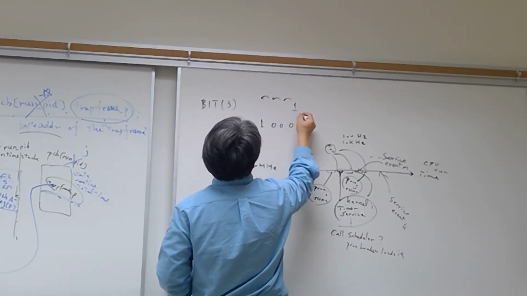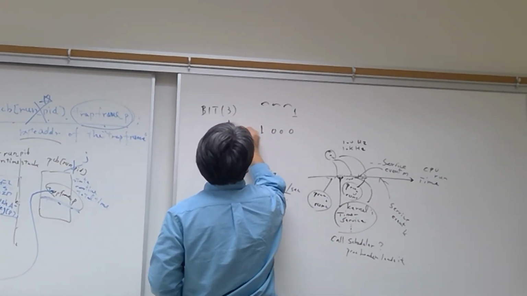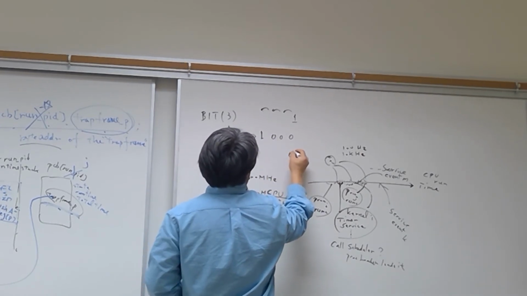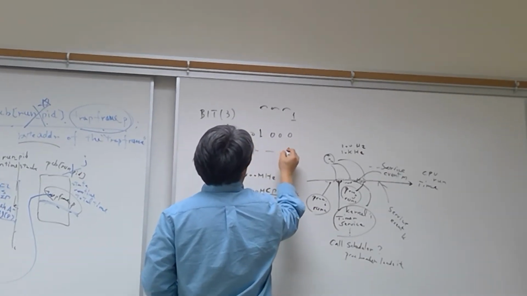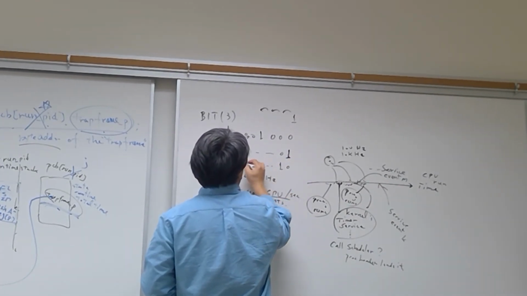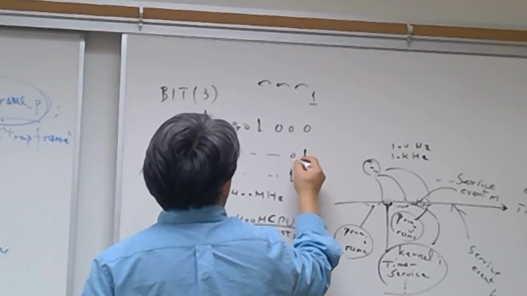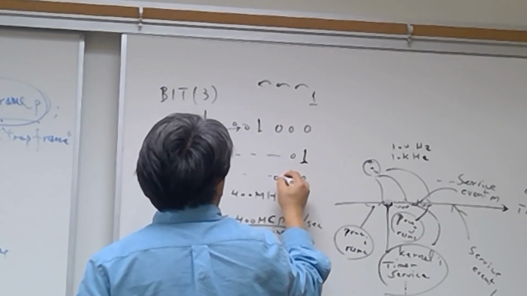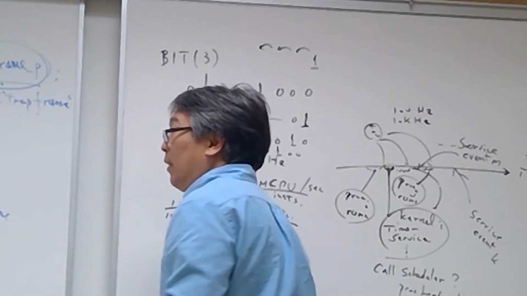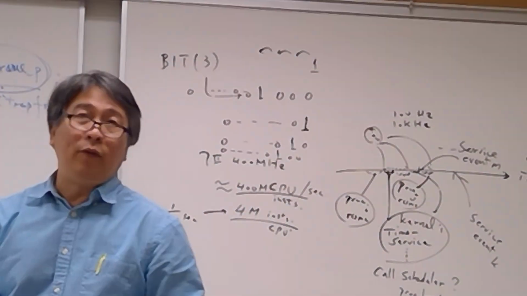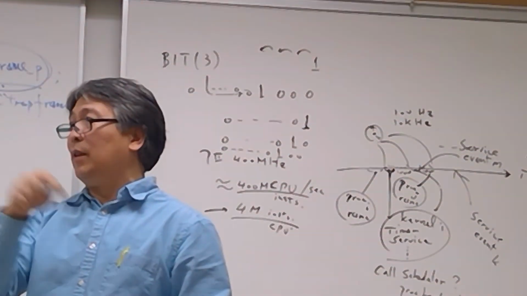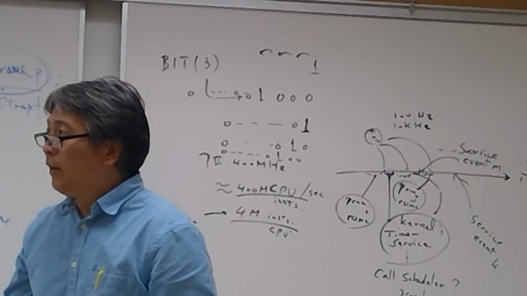Bit 0 is this one. This is bit 3. Others are 0. Bit 0 is the original one here. Bit 1 is here. The position is 0, 1, 2, 3. Okay, bit 2 is this one. So that's the single flag definition of which one position is the flag, which flag. Does that make sense?